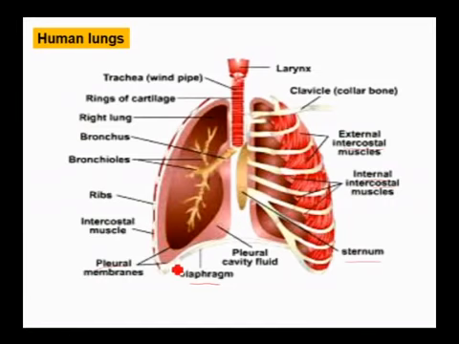In between these two lies the pleural space, which is filled with fluid that avoids friction while the breathing process is carried out. The whole trachea is guarded by rings of gristle or cartilage.